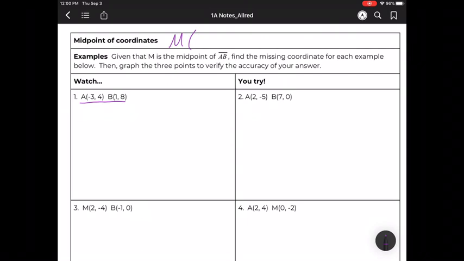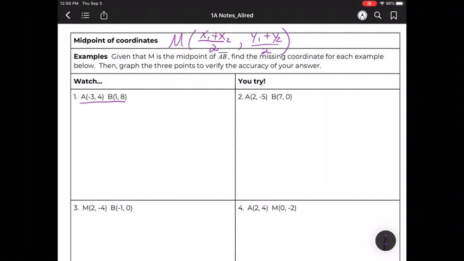Well, for midpoints then, I'm simply taking the average of each of those. So you still have your x1 plus x2 divided by 2 to get your new x coordinate of the midpoint. But to find the y coordinate of the midpoint, you add the y values and divide by 2, because you're taking the average of the x's and the average of the y's.